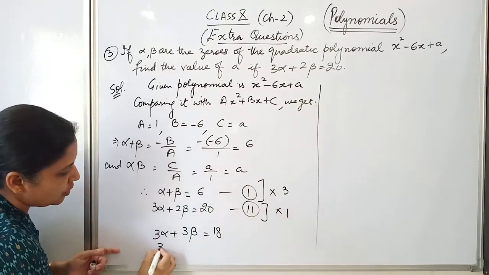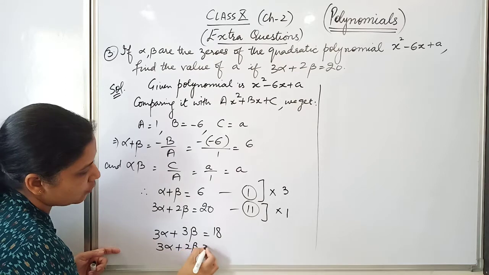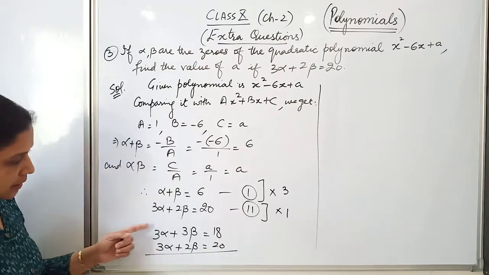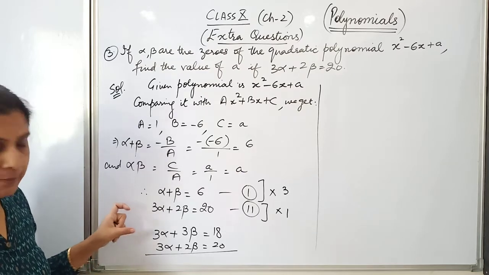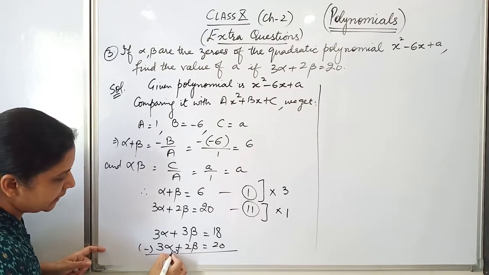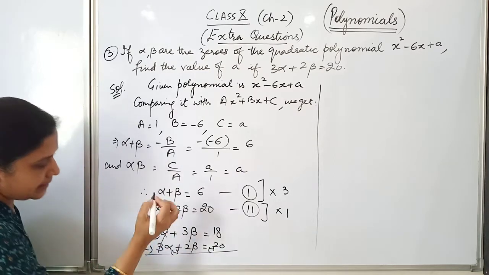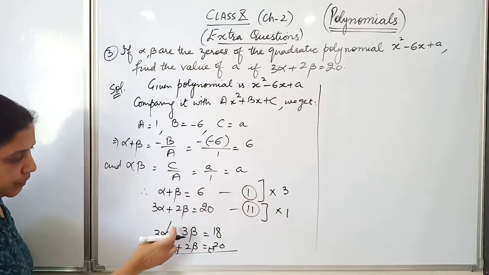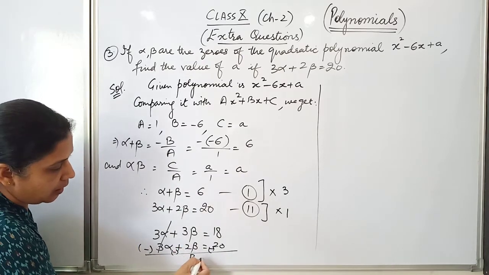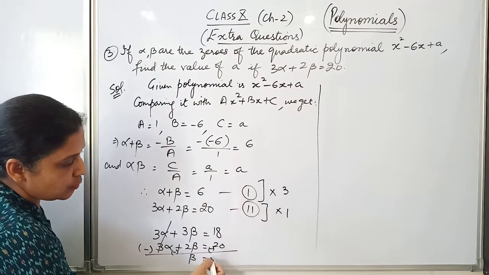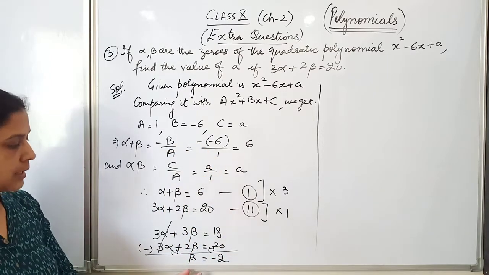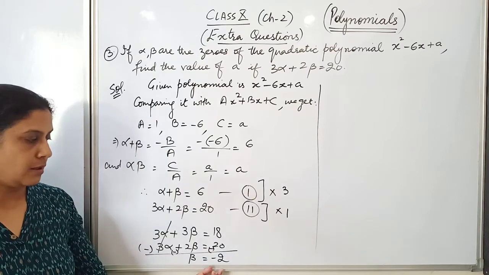The next equation is to be multiplied by 1, that is, there is no change. Now, these two equations have the coefficient of alpha as 3, the same. So we will prefer subtracting them so that they cancel out. 3 alpha minus 3 alpha cancels, and 3 beta minus 2 beta gives you beta is equal to 18 minus 20, that is minus 2. So I have got the value of beta as minus 2.